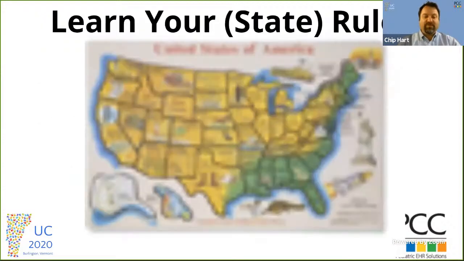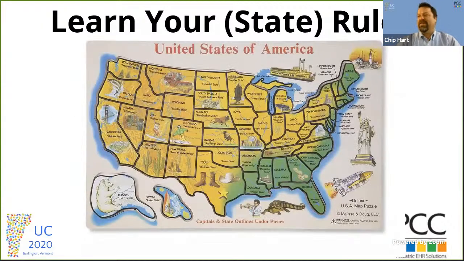So step two. First of all, did everyone with kids have this Melissa and Doug puzzle? I was trying to think of how I could get a map of the US, and I was like, oh yeah, there's the old Melissa and Doug wooden puzzle. But the first thing I'm going to tell you to do, even for those of you already using telemedicine all the time, please look up your local state rules.